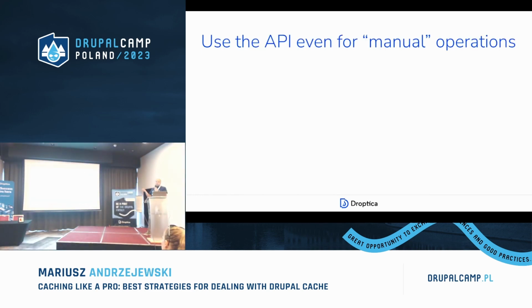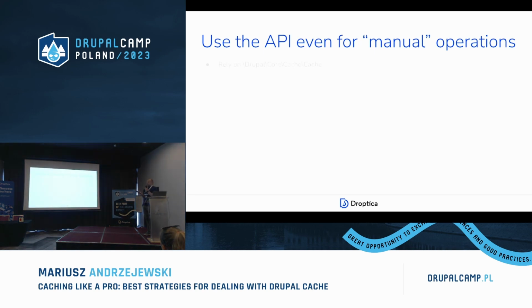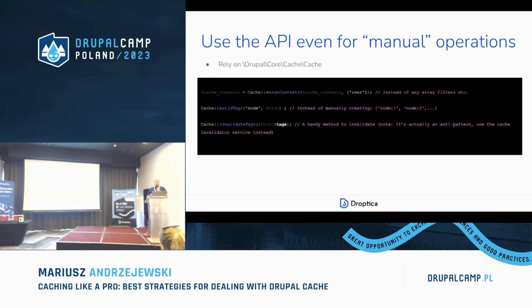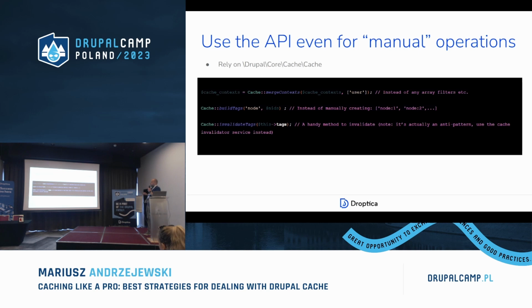Even if we really need to add something, like write down a particular tag, we still have a class for this. This is the Cache class, and it also has a bunch of utility methods, such as mergeContexts, which will simply merge the existing contexts with the new ones.